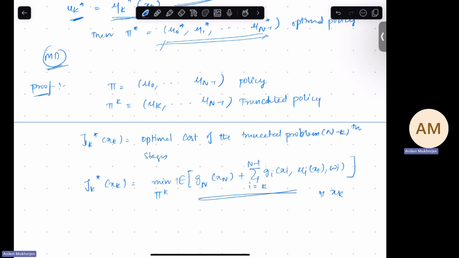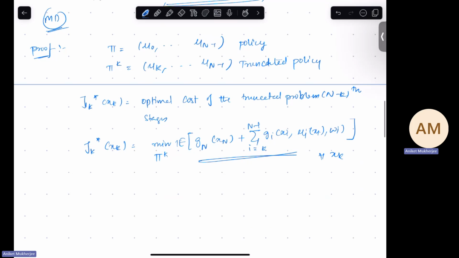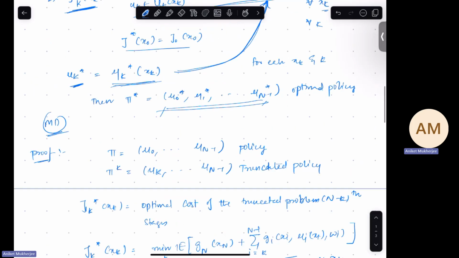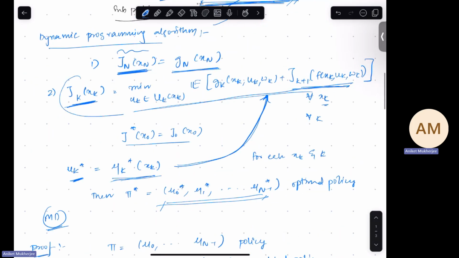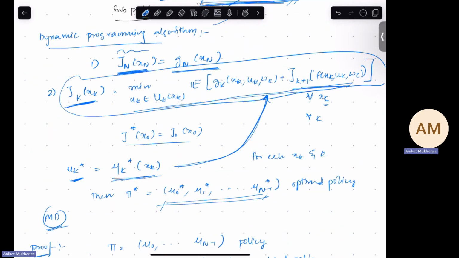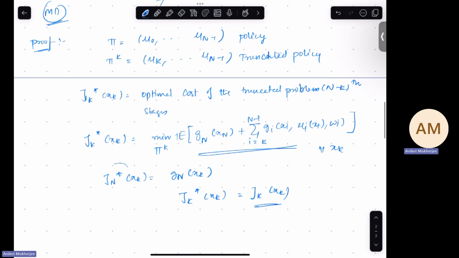We took J n star of xn equal to g n of xn, and what we showed is that J k star of xk is J k of xk. This J k of xk is what we found from the dynamic programming algorithm, and J k star is the optimal sub-problem solution.